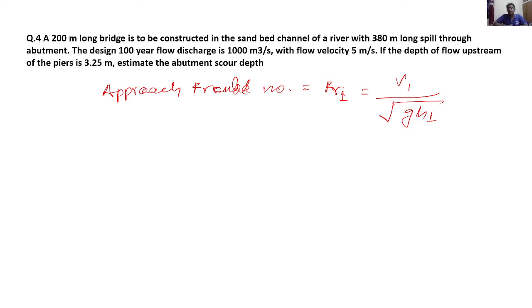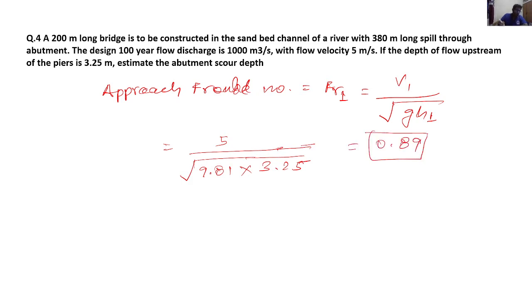Because it's a rectangular cross section, and the celerity for a rectangular cross section, as I already showed in the last slide, is √(g d). d happens to be the depth of the flow. Here we are denoting it as small h1. So it would be 5 by √(9.81 × 3.25), where 9.81 is g and 3.25 is the depth of the flow upstream. It comes out to be 0.89, the approach Froude number.